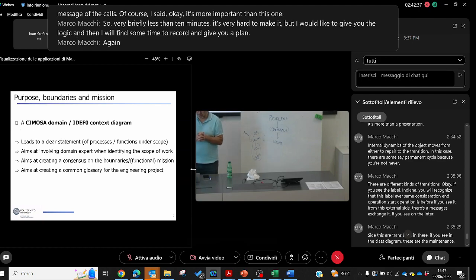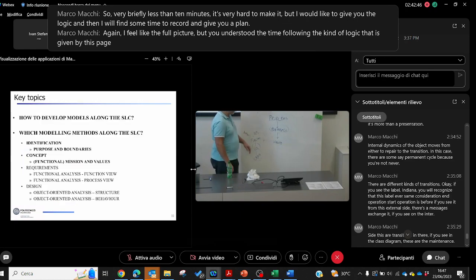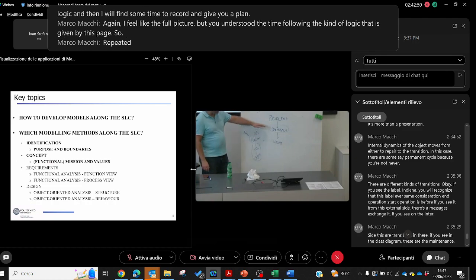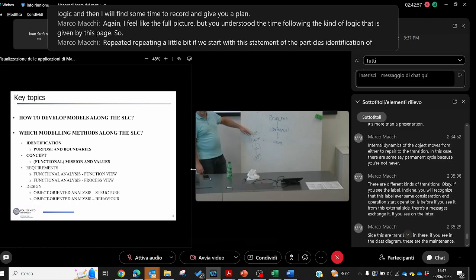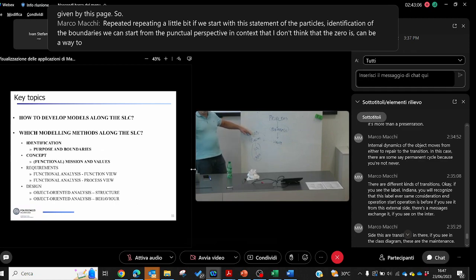Again, I do not pretend to have the full picture, but you understood that I'm following a kind of logic that is given by these pages. So, repeating a little bit: if we start with the statement of the purpose and identification of the boundaries, we can start from the functional perspective. In a context diagram, IDEF0 can be a way to think, and SysML can be another way of doing it.